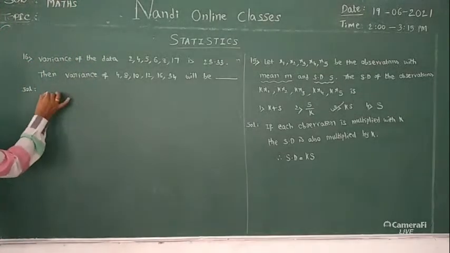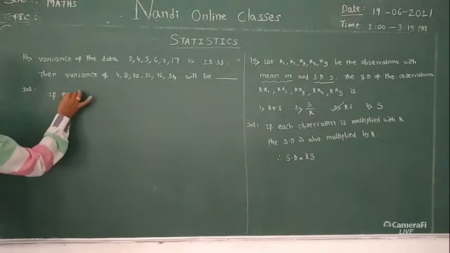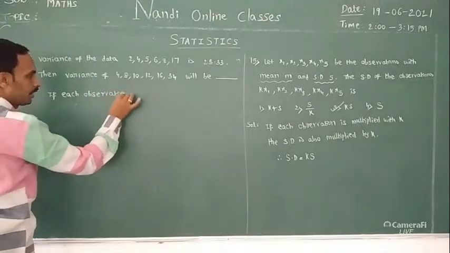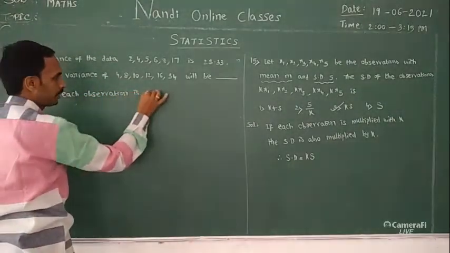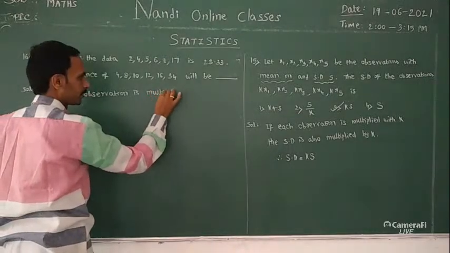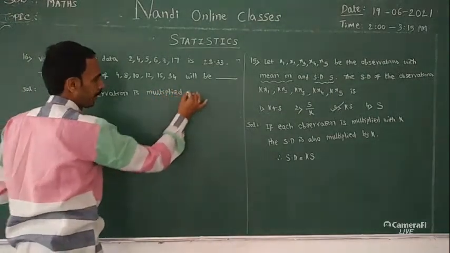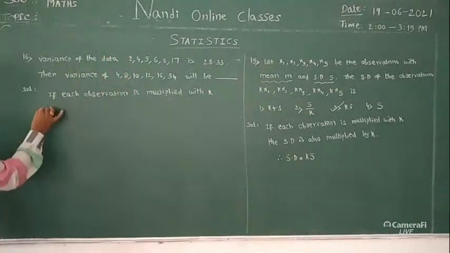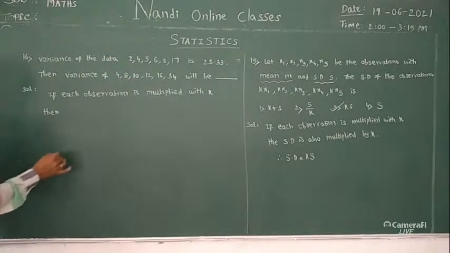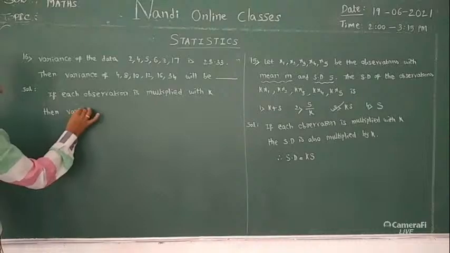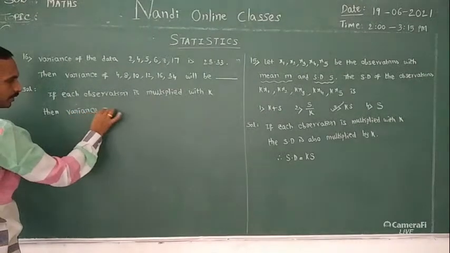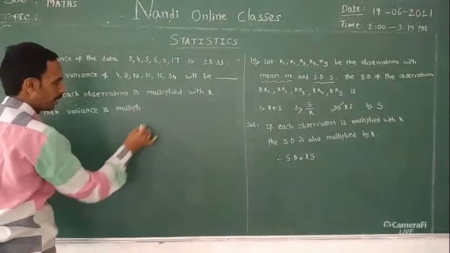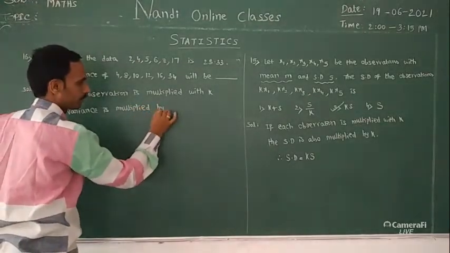See, I am writing the formula. If each observation is multiplied with k, then variance is multiplied by k square.